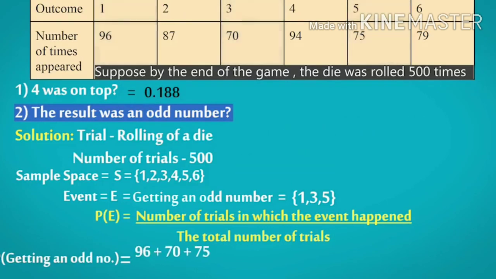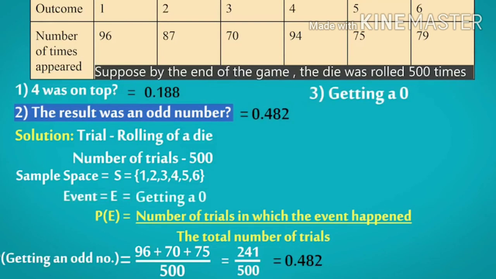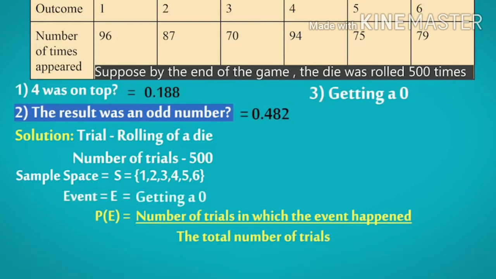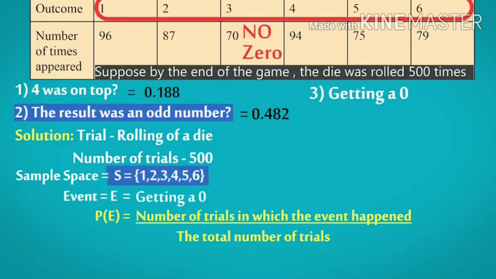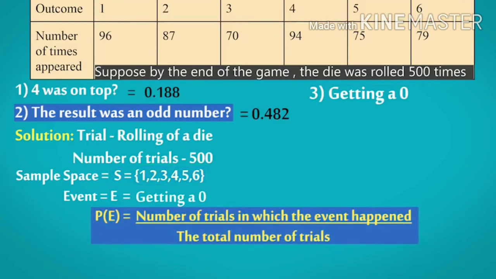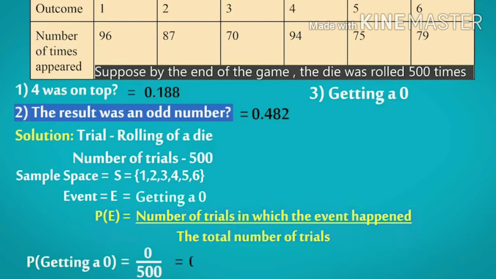Then the probability of getting an odd number is the total number of times it is rolled, 241, by 500, which is equal to 0.482. Suppose getting a 0. Is 0 there in the sample space? No. So that is 0 by 500, which is equal to 0.